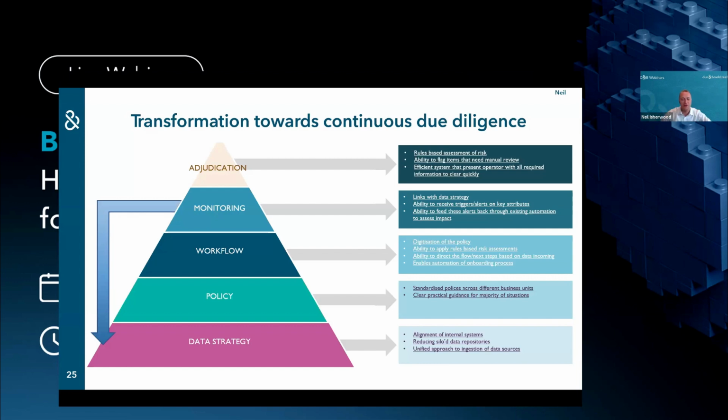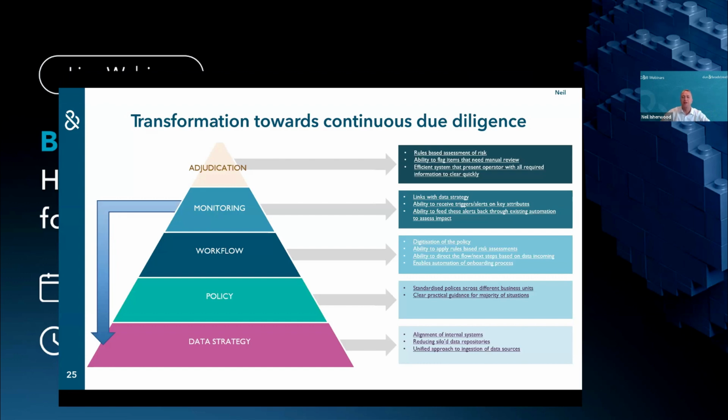Exactly. If your first line is given a 50-page PDF and told, here's our policy and here's all the sources, go and get the data and do it, then there's going to be a natural resistance. But if you can put this into a system and say, here you go, the system's going to do the majority of the work for you, then there's less burden on that team.